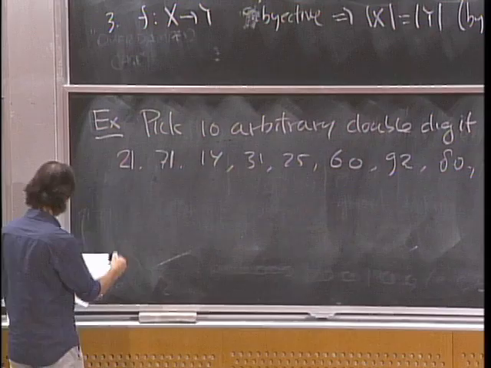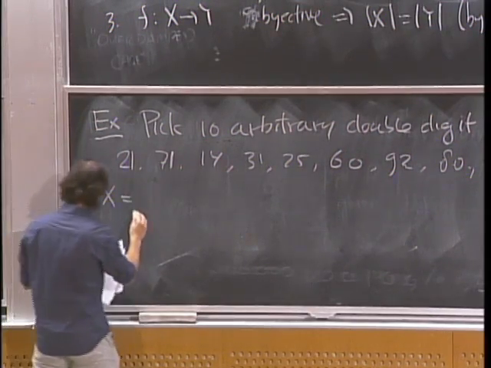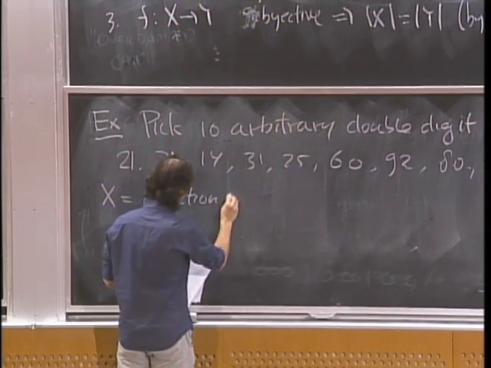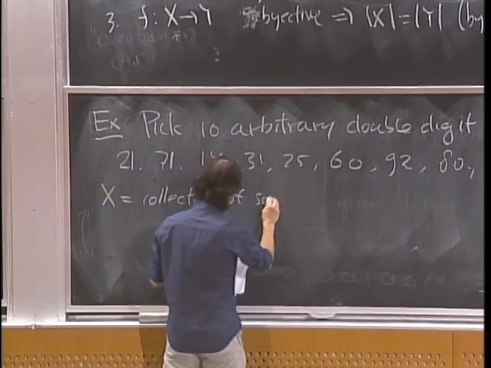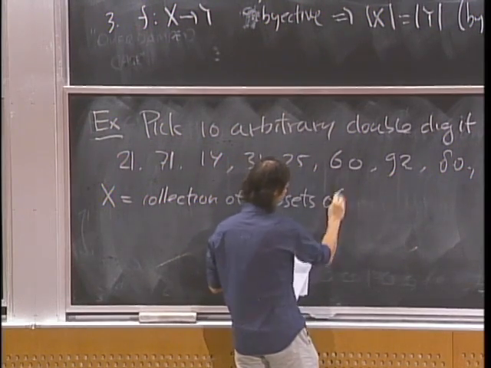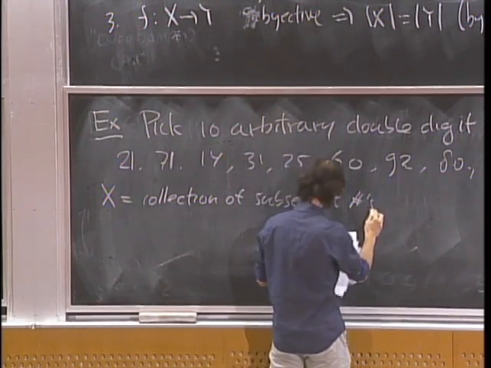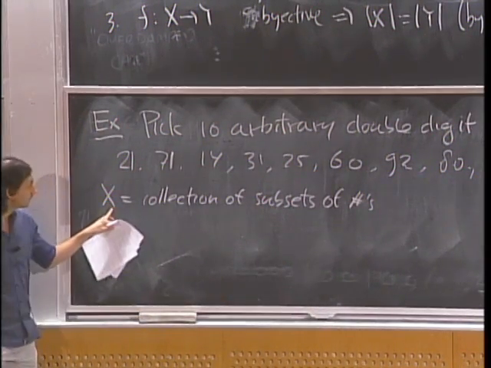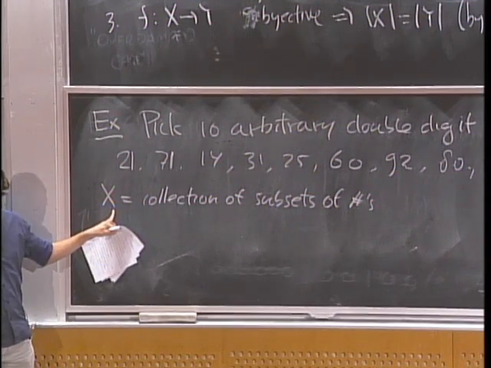So what do I do? I take X as the collection of subsets of these numbers. And I want to show that there are at least 2 subsets that map to the same sum.